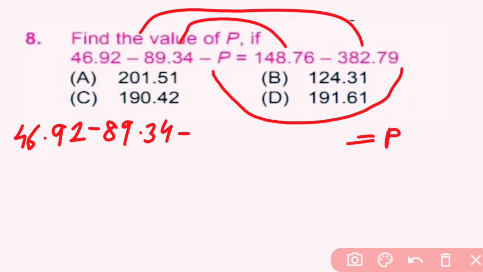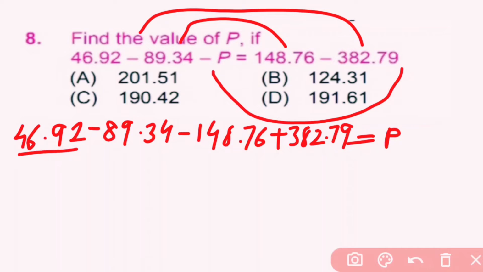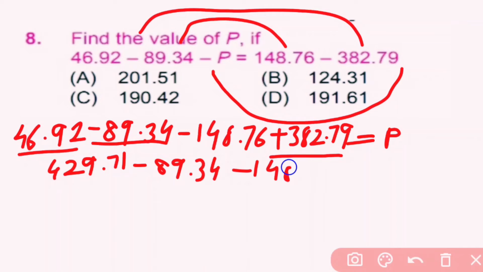Now this becomes minus 148.76 plus 382.79. Now the positive sign we take first. 46.92 plus 382.79 will give 429.71 minus this minus 184.76 is equal to P.